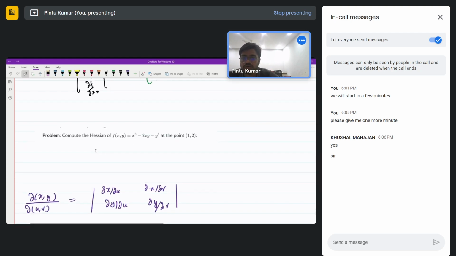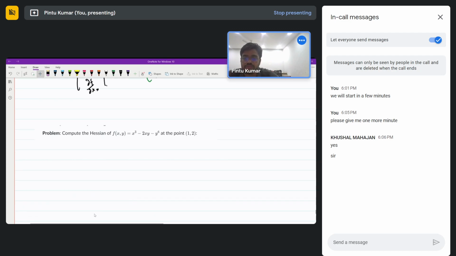So we are given a function f of x, y to be this, and we want to calculate the Hessian at this point. Let's construct this matrix. This would be f_xx, f_xy, f_yx, f_yy. Let's calculate f_x.